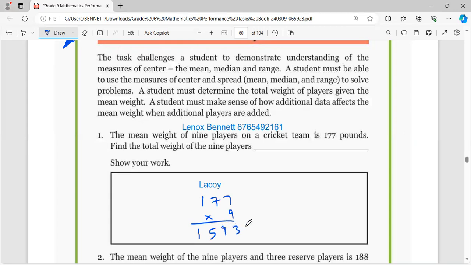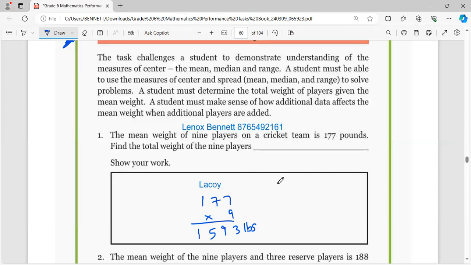Very good. All right. So guys, how do you know that it should be multiplied and not divided? Some persons are thinking, well, 9 players, 177 pounds, we should divide to find the mean. How do you know that you should multiply? Sir, it's because the opposite of divide is multiply.